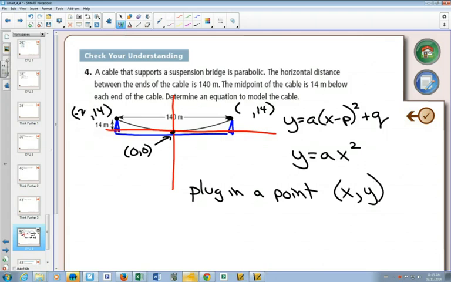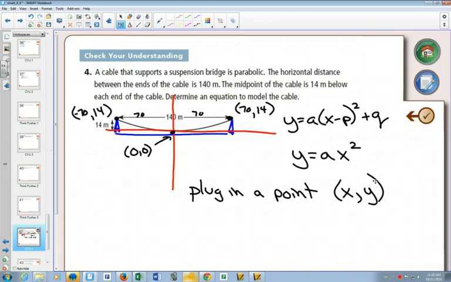Negative 70 and 70. How do we get those numbers? Well, if there's 140 between them, and because parabolas are symmetrical, half of the 140 has to be on this side, and half of the 140 has to be on that side. So then we know we've got a point. One could be negative 70, 14, and the other could be 70, 14.